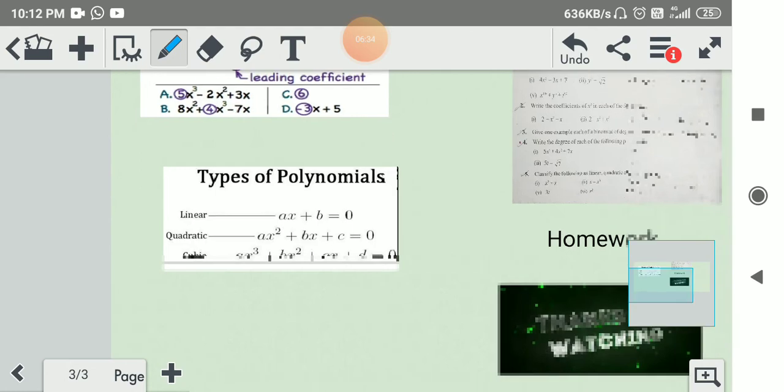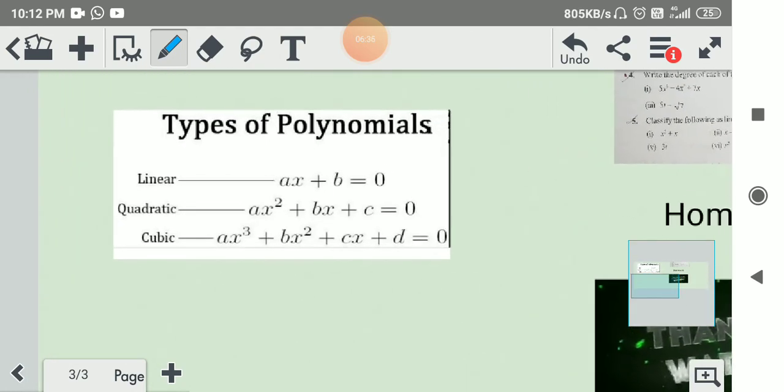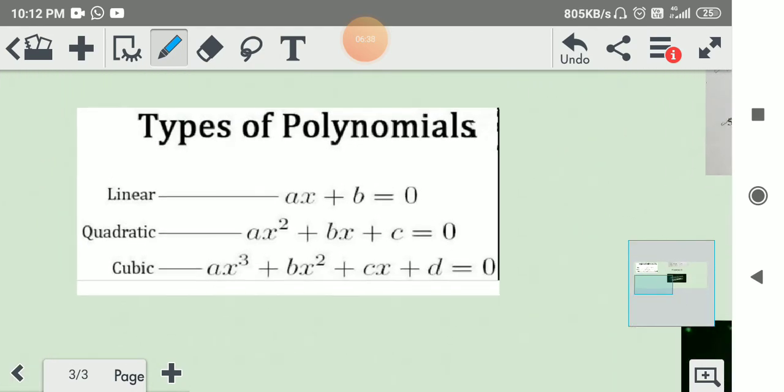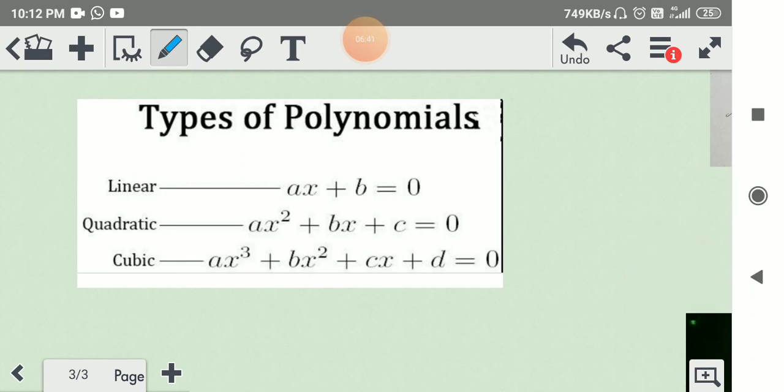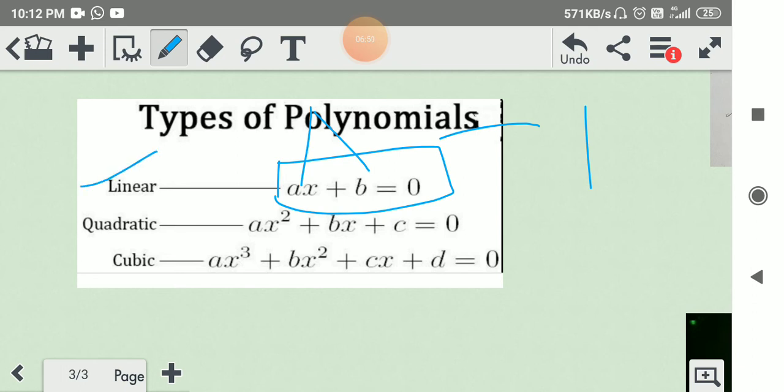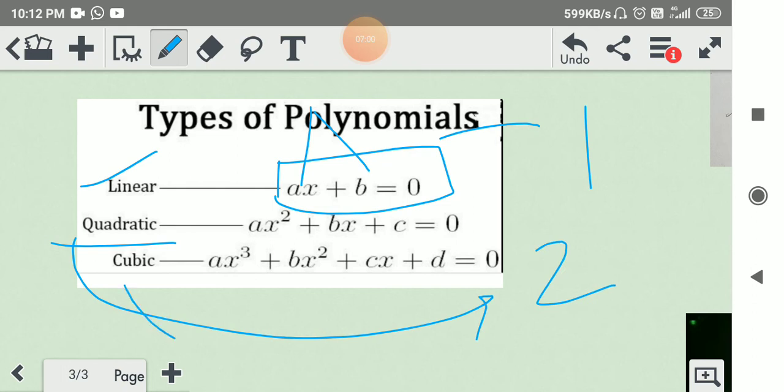Now the last type of polynomials, by power. If the equation has 2 terms and power 1, this is called linear, and quadratic has power 2 and cubic will be 3.